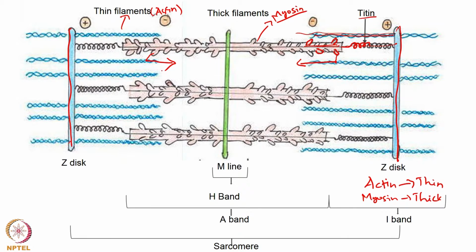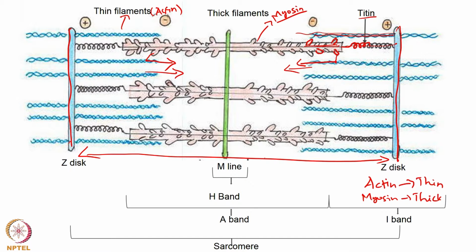Now there is pull in opposite directions, and since the Z disc cannot be in equilibrium, the distance between the Z discs is reduced.